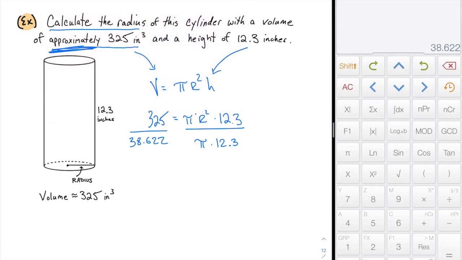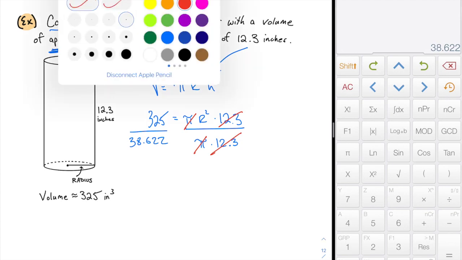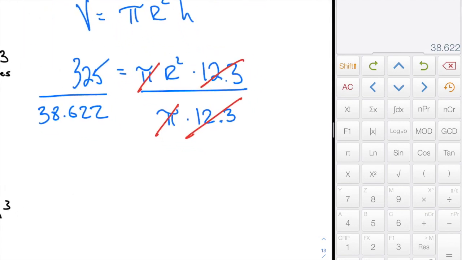So pi cancels pi, 12.3 cancels 12.3, and on the other side I have 325 divided by this decimal. So let's do it. 325 divided by 38.622. Now I definitely have a long decimal coming out here. Since I'm rounding anyway, I'm going to go ahead and round this. 8.41 sounds pretty fair. And the thing that's left over is r squared.